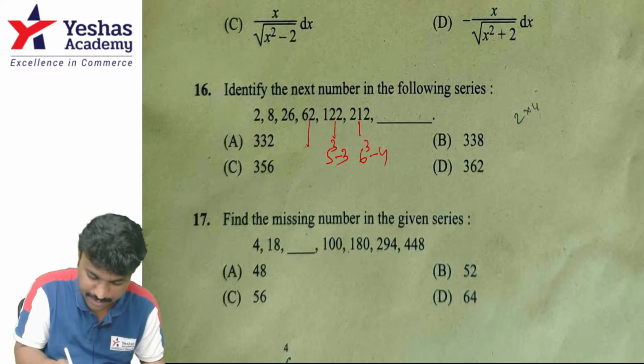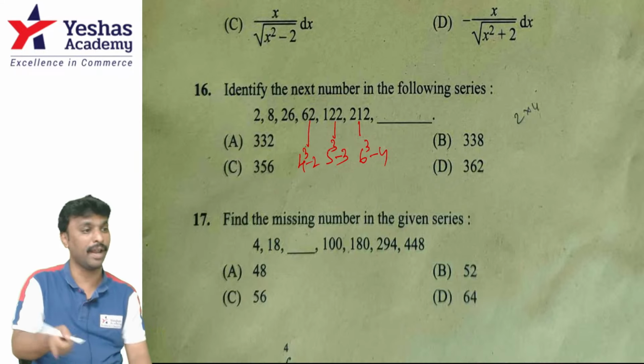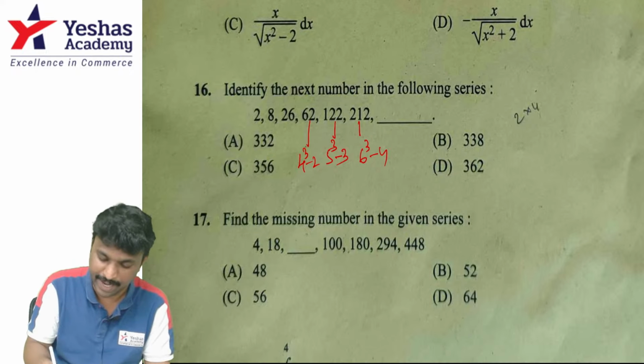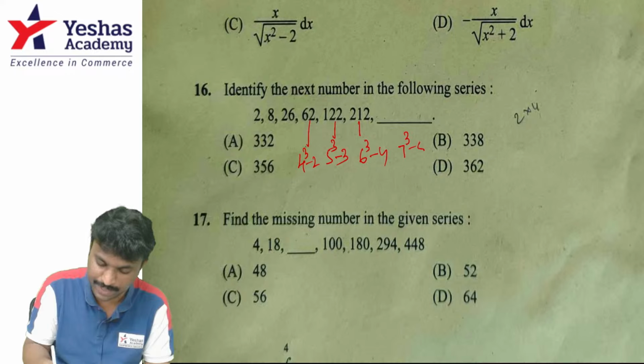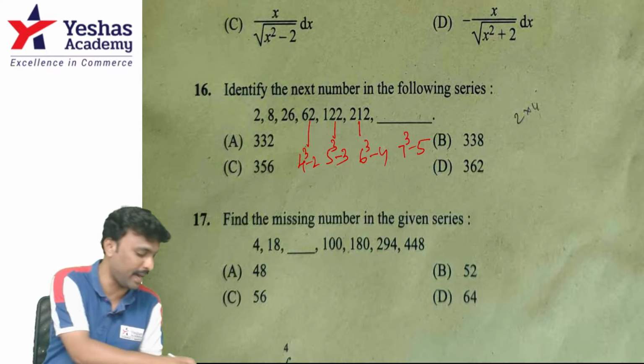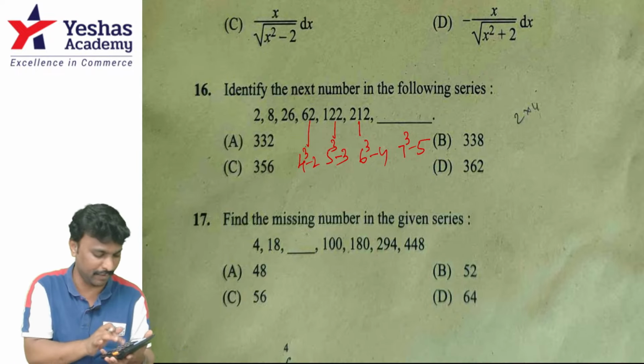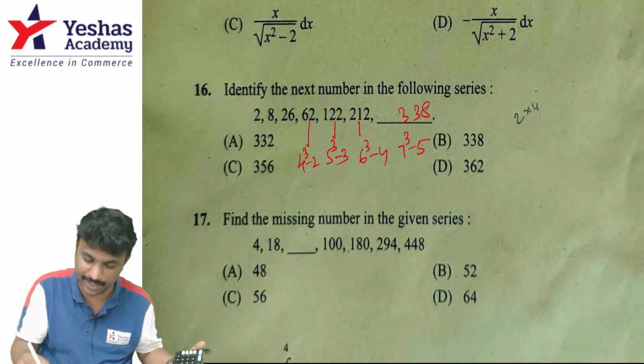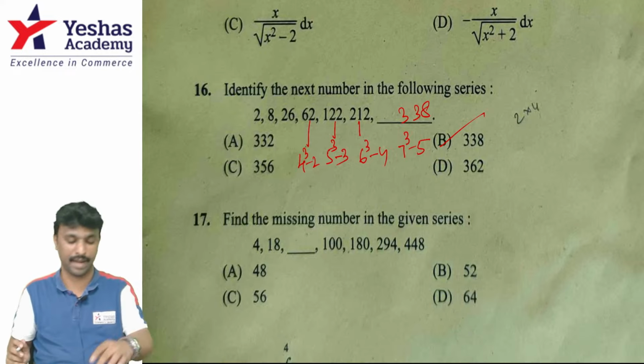And this one is 4 cube minus 2. If you observe, it is cube minus 2, cube minus 3, cube minus 4. The next number should be 7 cube minus 5. You got the pattern, right? So 7 cube is 343 minus 5, which is 338. So option B is the right answer.